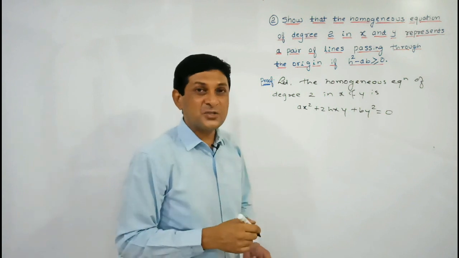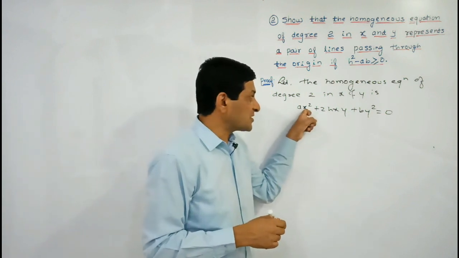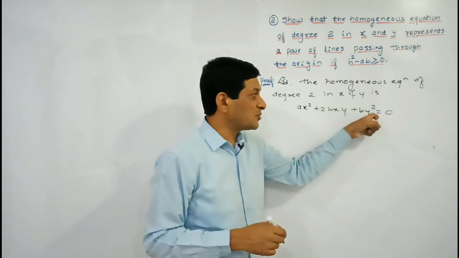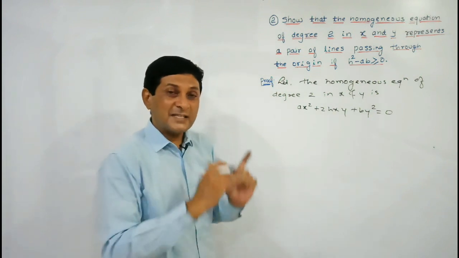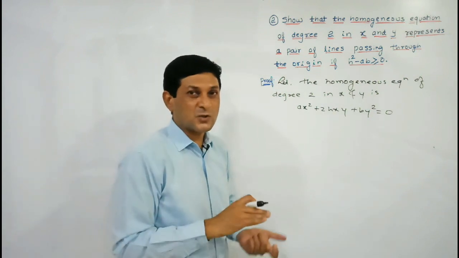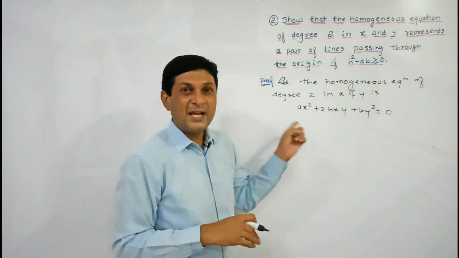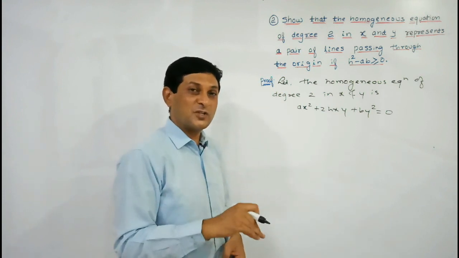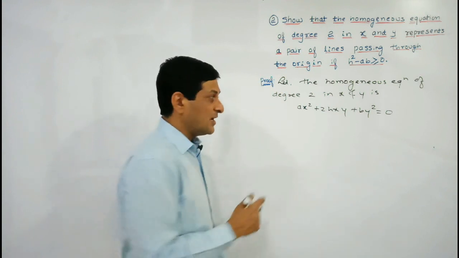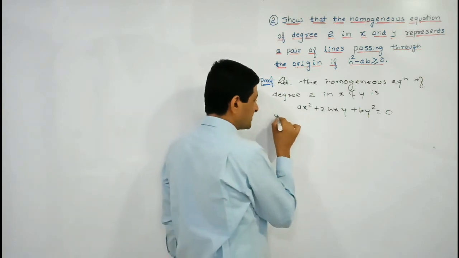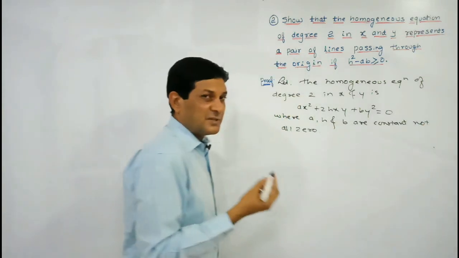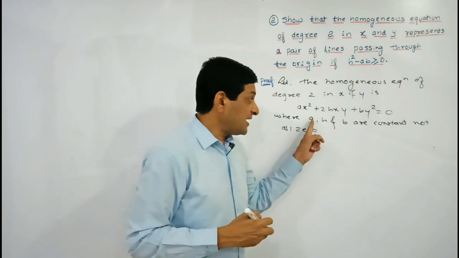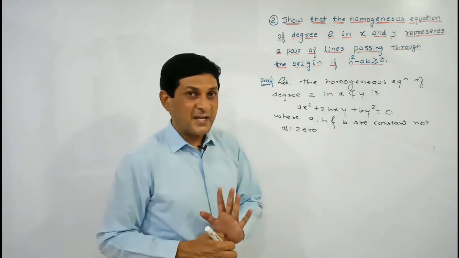Why we are saying that this is homogeneous equation? Because degree of first term is 2, degree of second term is also 2, and degree of third term is also 2. And since degree of each term in this equation is the same, it is homogeneous equation, and degree of each term is 2, so it is homogeneous equation of degree 2, where a, h and b are constants, not all 0. See, the very important condition that a, h and b are constants and not all 0.